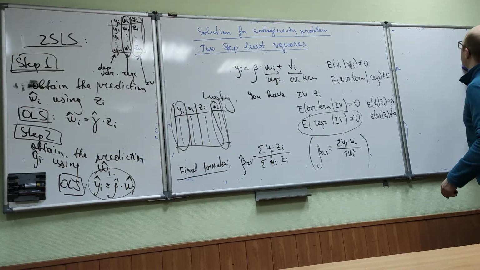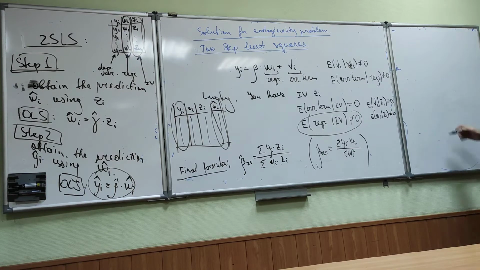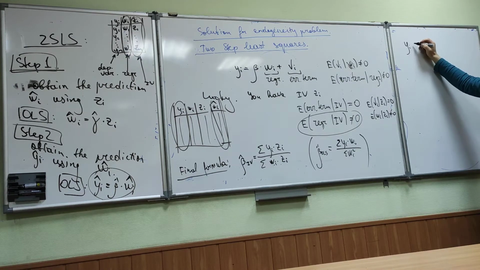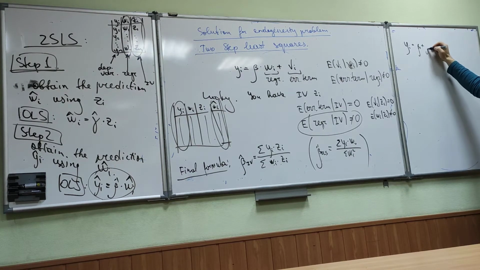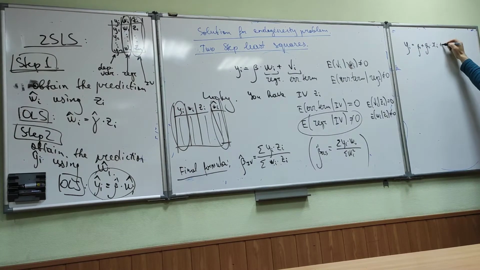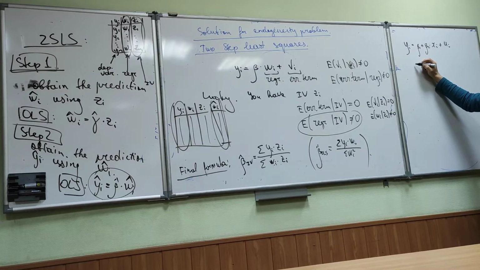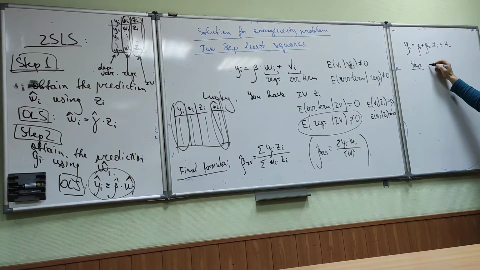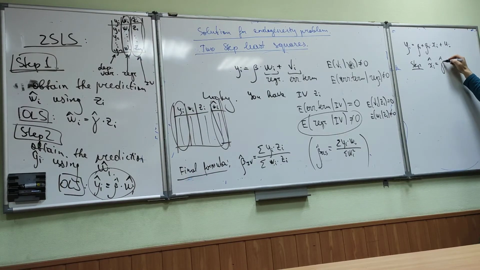So for example, if you have y equal to beta 1 plus beta 2 times x plus y. On the first step, you regress x on gamma 1 hat plus gamma 2 hat z.